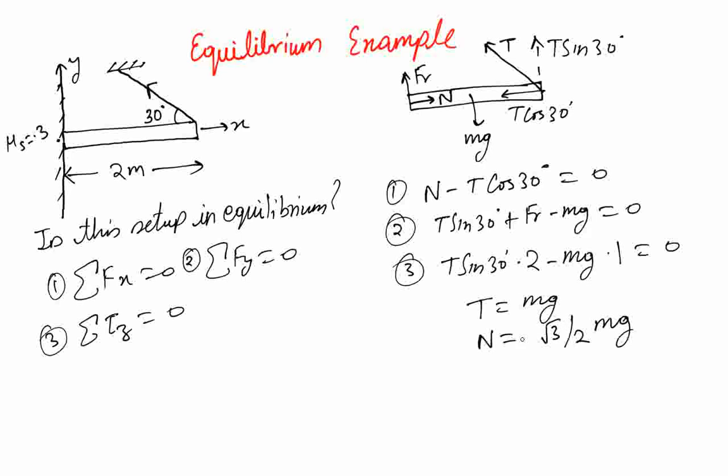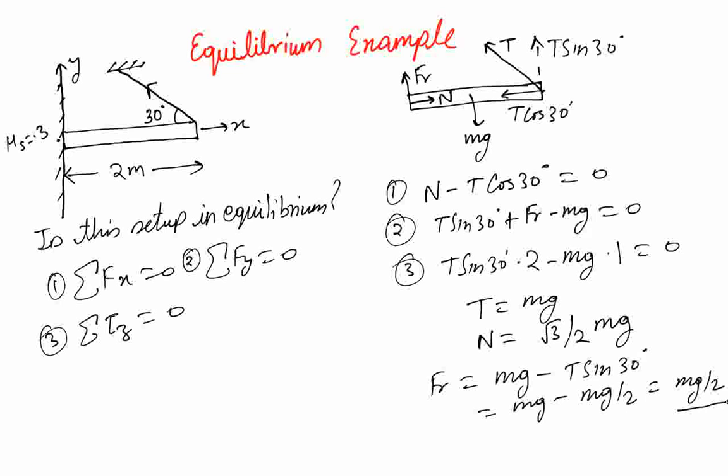Also from here we can calculate Fr. Fr is going to be mg minus T sine 30 degrees. Sine 30 is half, and T is mg, so we get mg over 2.